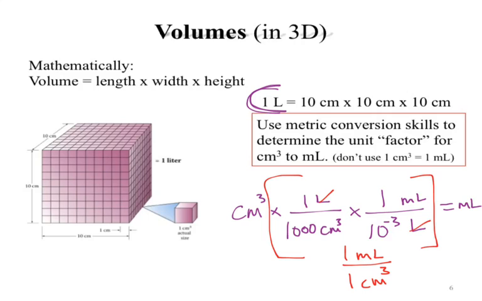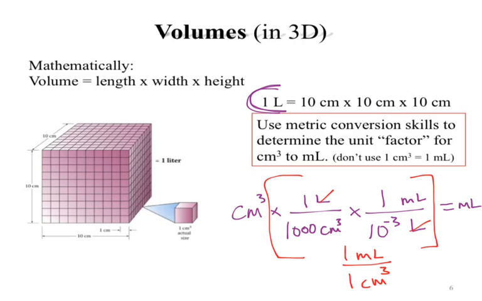So when they defined the liter as 1,000 centimeters cubed, they used it because we can also get 1 milliliter being 1 centimeter cubed. Sorry, I keep swapping those units. So it's kind of a neat conversion to see those relationships.